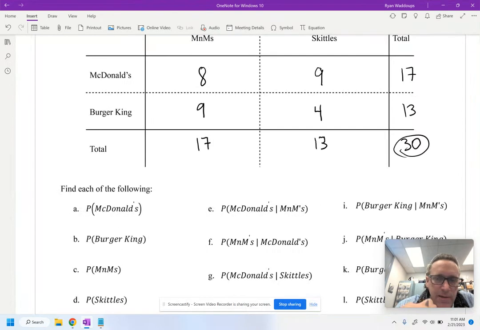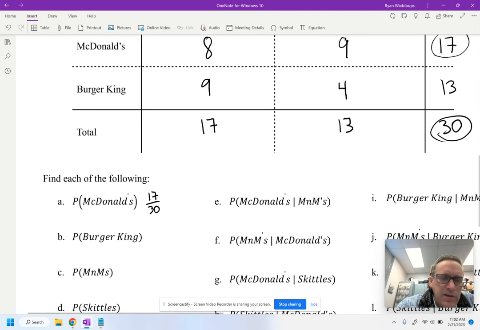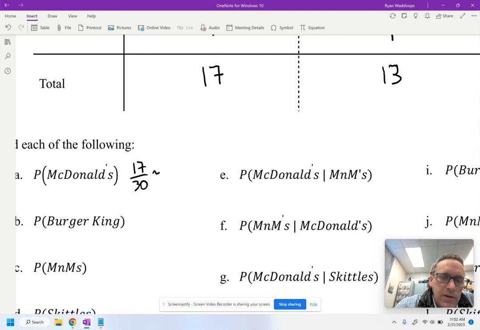Probability that a random person from the sample chose McDonald's: the total of those that chose McDonald's was 17. And so that'd be 17 out of 30. And then you could convert that into a decimal and a percentage. We'll do it just once. 17 out of 30.